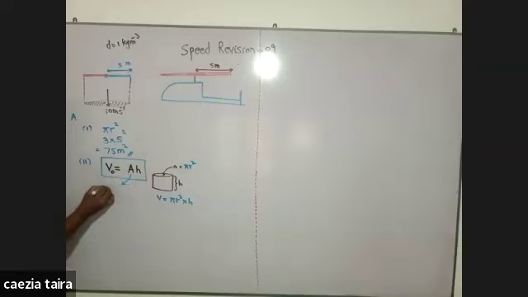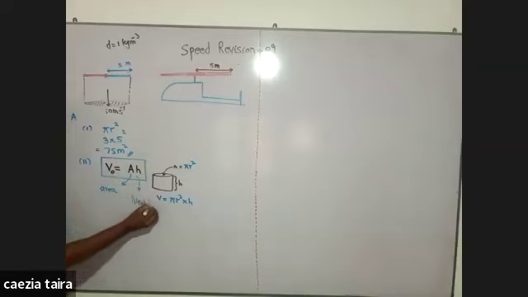Here, A represents the cross-sectional area, and H represents the height, right?